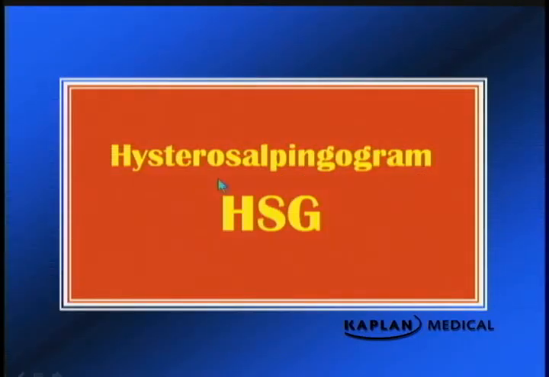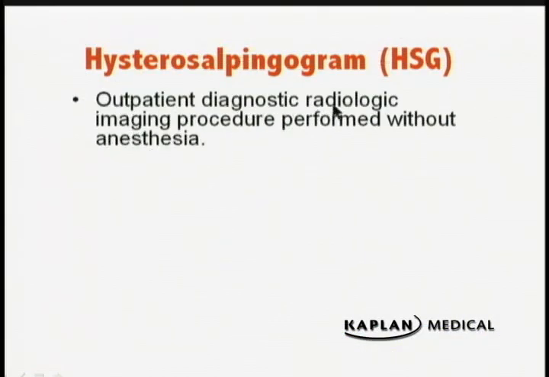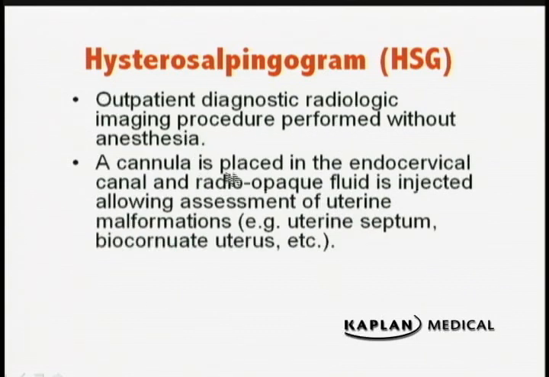Hysterosalpingogram, which is often abbreviated to HSG, is an outpatient diagnostic radiologic imaging procedure performed without anesthesia. A cannula is placed in the endocervical canal, and radio-opaque fluid is injected into the uterine cavity, allowing assessment of the uterine malformations, which may be there, uterine septum, bicornuate uterus, or whatever.